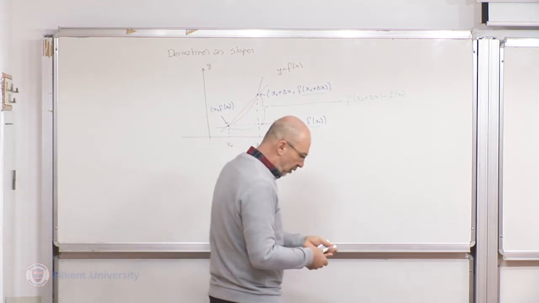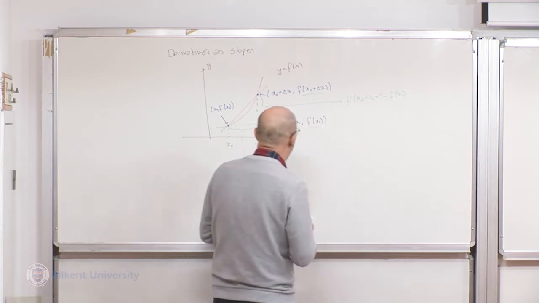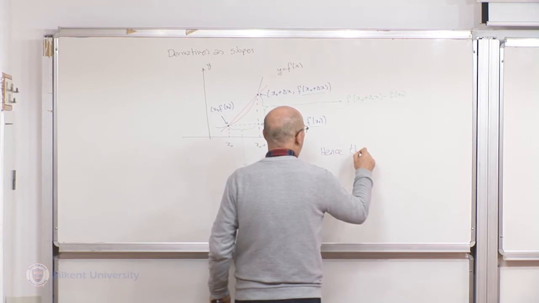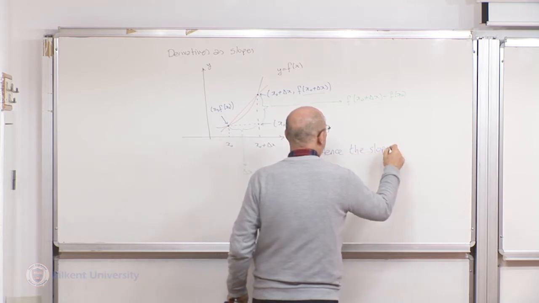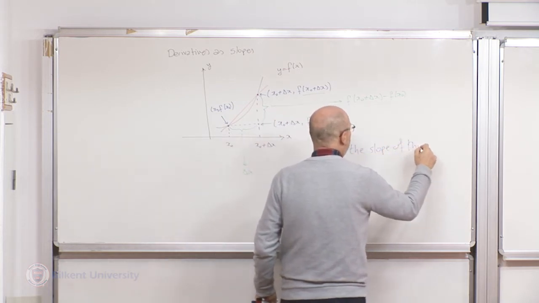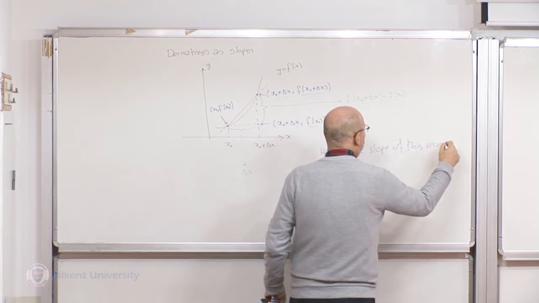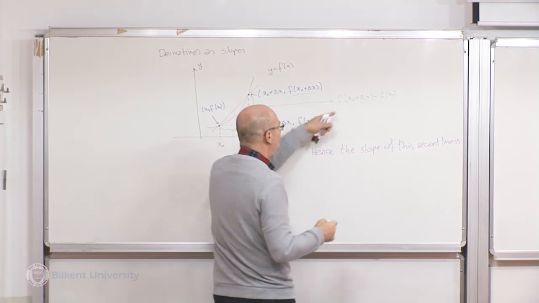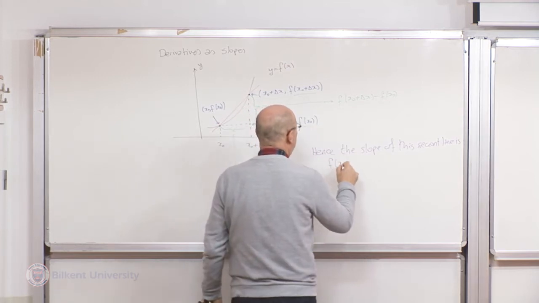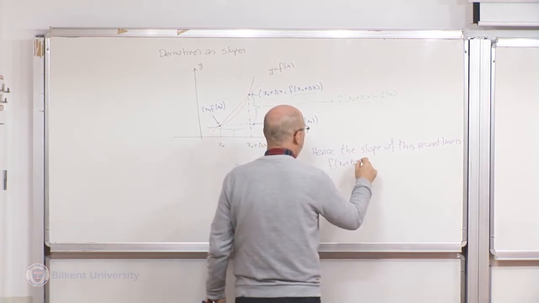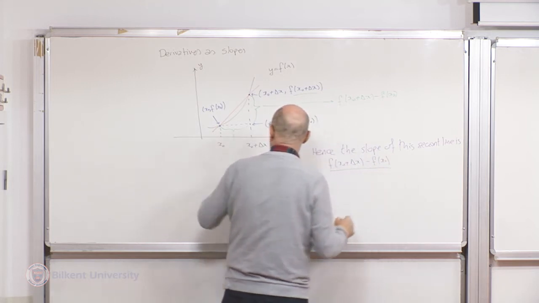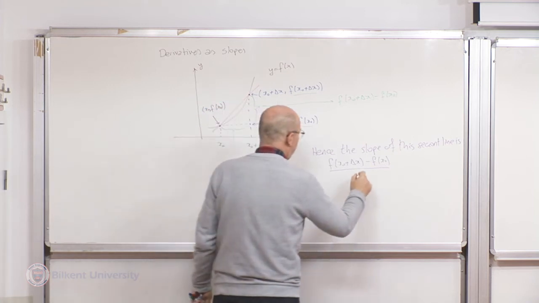So from here we say, therefore, the slope of this second line is this length, f of x sub 0 plus delta x minus f of x sub 0, divided by this length, which is just delta x.